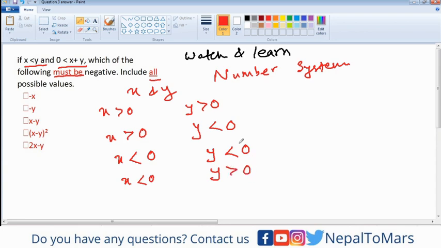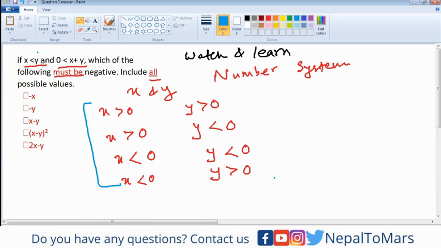These are all the possible conditions for x and y. I have not used x equal to 0 and y equal to 0 here, which I will tell you after some time. Now we will see if these conditions will be validated by the given condition of the question or not.